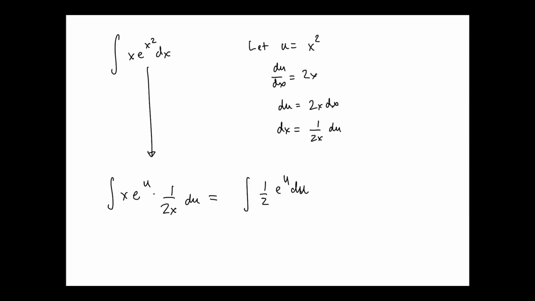All right, now what's the antiderivative of e to the u? e to the u, and I've got this one half out front, so no big deal there. And what was u? x squared. Okay, there we go.